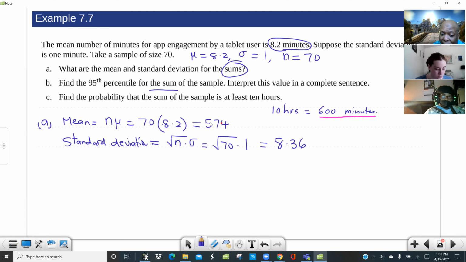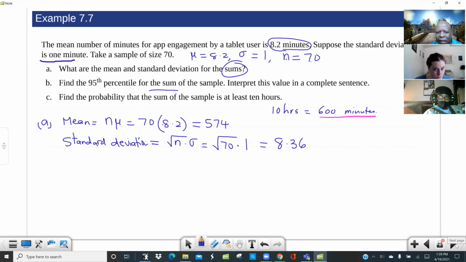That is the mean of the sums. If you pick all the sums, this is their average, the average of the sums. The standard deviation is the square root of 70 times 1, because you are given that the standard deviation of the population was 1. How about 8.36?